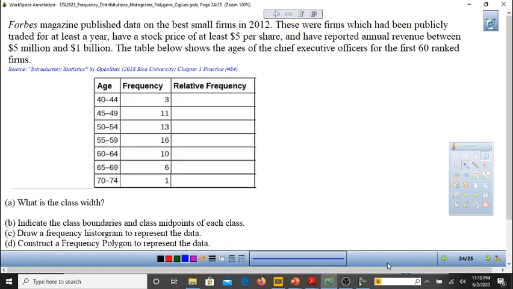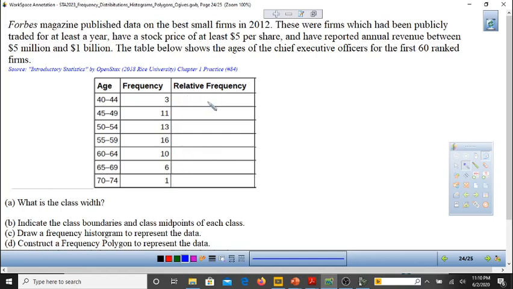So the first thing we will do is just do our frequency distribution here. And they told us it's 60 people in all. We can check quickly. 3 plus 11 is 14, plus 13 is 27, plus 16 is 43, plus 10 is 53, plus 6 is 59, plus 1 is 60.